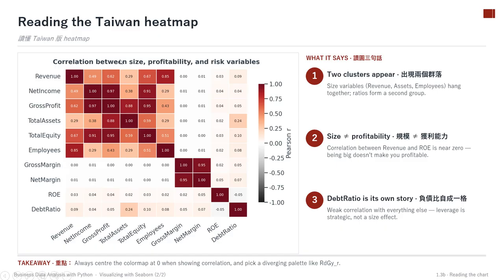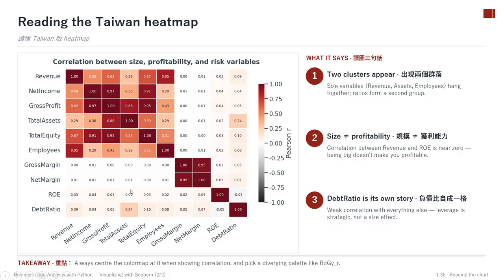All these variables, they have a relationship, right? But the second cluster is here. Gross margin is highly related to our net margin. And our ROE and the debt ratio, they have their own story. They don't have any relationship with the others. So that is about ROE and the debt ratio.